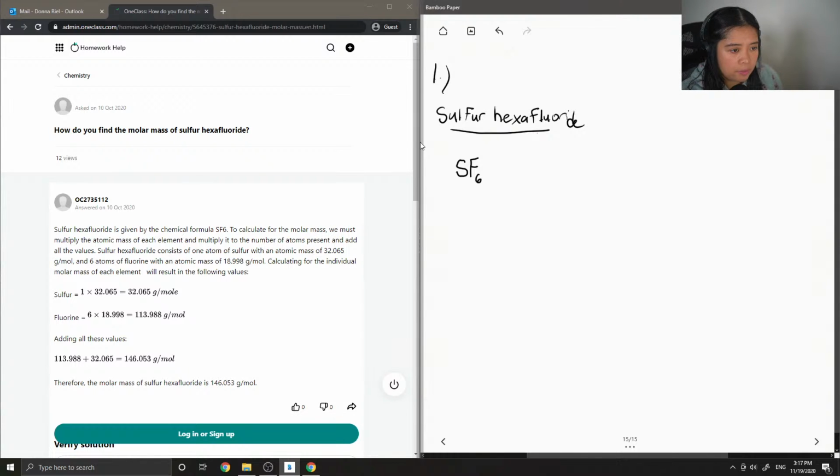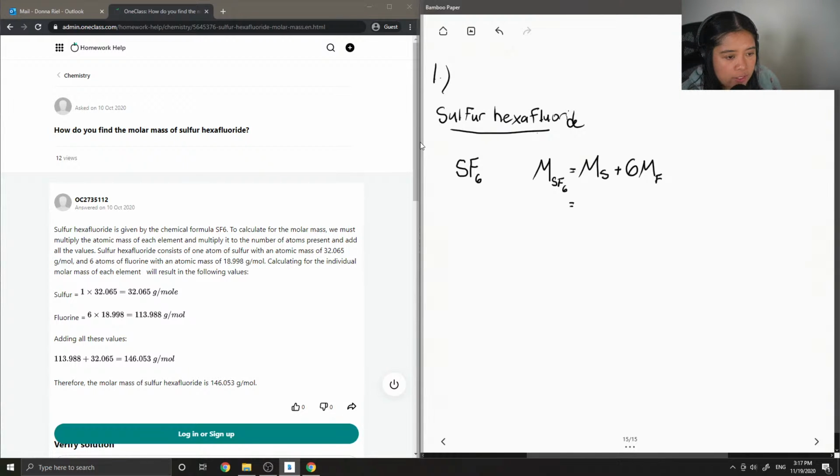To find the molar mass of sulfur hexafluoride, we need both the molar masses of sulfur and fluorine. Their atomic masses can be found on the periodic table. So I'm just going to show the molar mass of sulfur plus 6 times the molar mass of fluorine, since there are 6 atoms of fluorine in this compound.